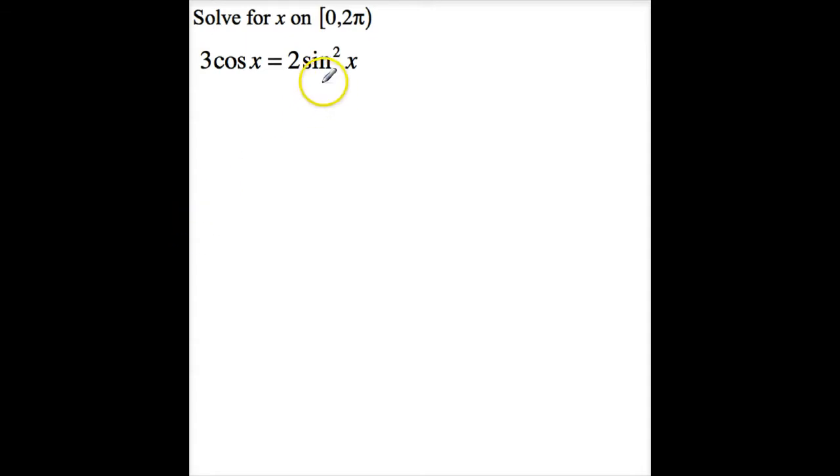Now what if I want to solve this one? And you'll notice I have cosines and sine squareds. Yuck. Now remember I told you you're going to have to translate things, or change them around a little bit. I don't want to change cosine, but I know I can get sine squared in terms of cosine, or at least cosine squared.